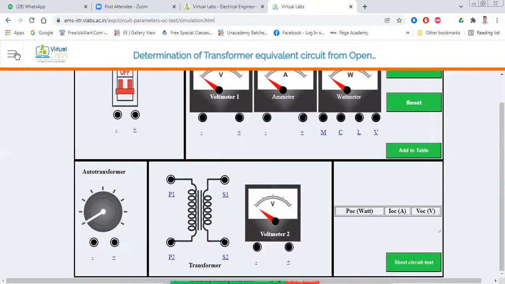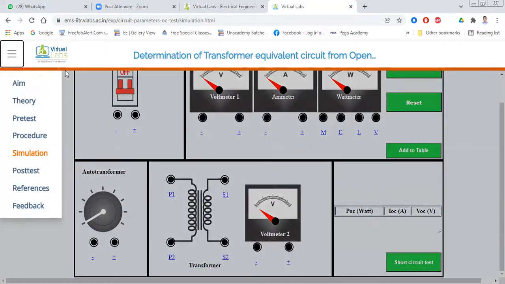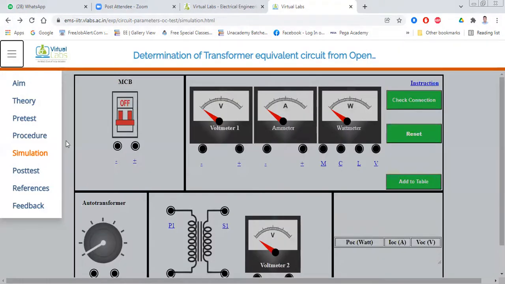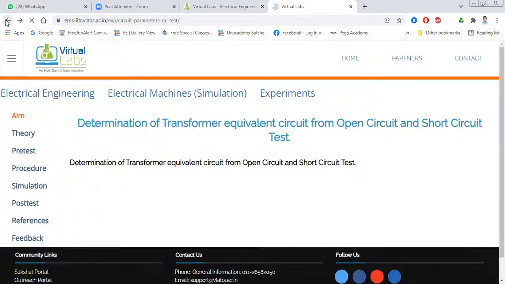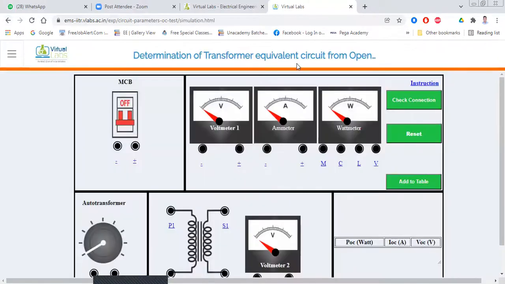No, there is one simulation for the open circuit test. I think they gave only the open circuit simulation and did not give the simulation for the short circuit test.